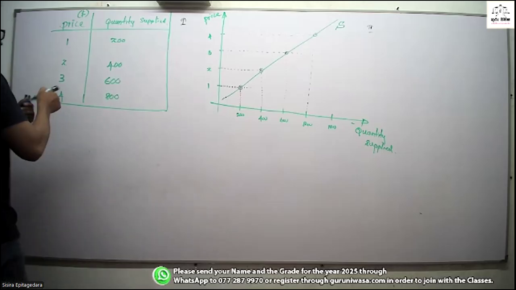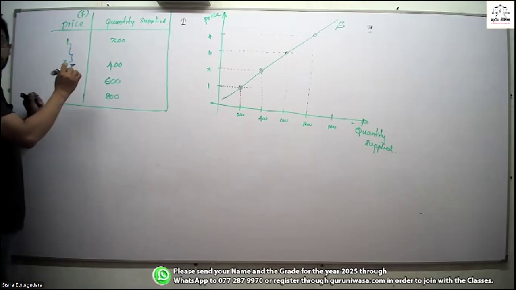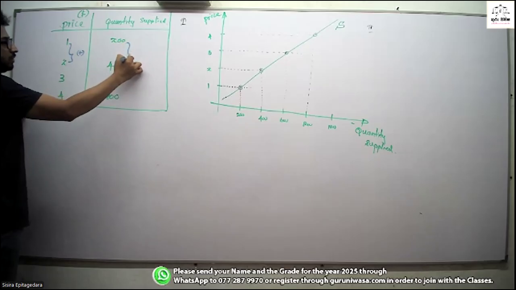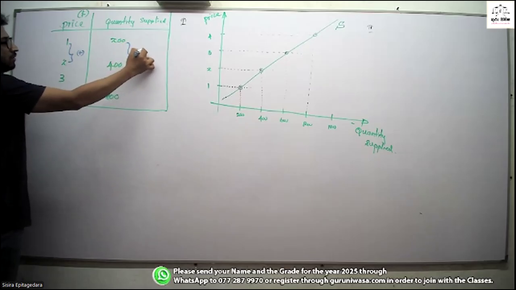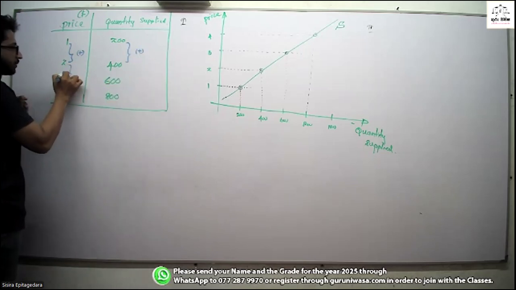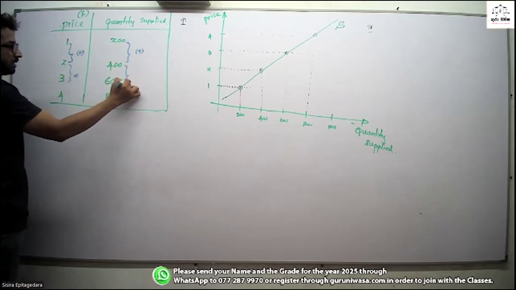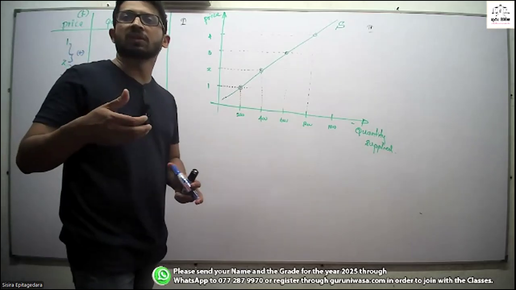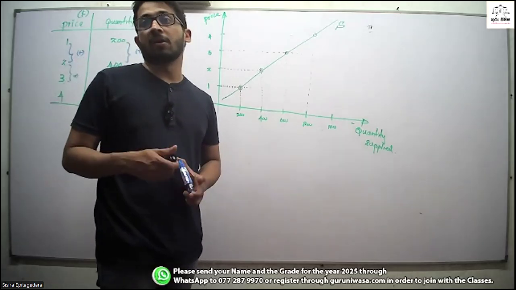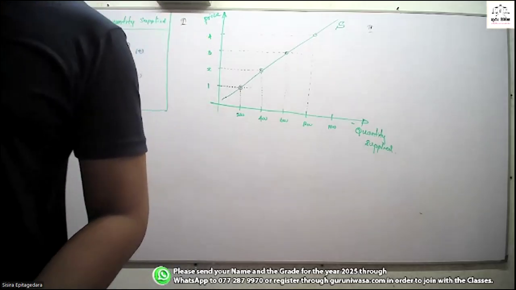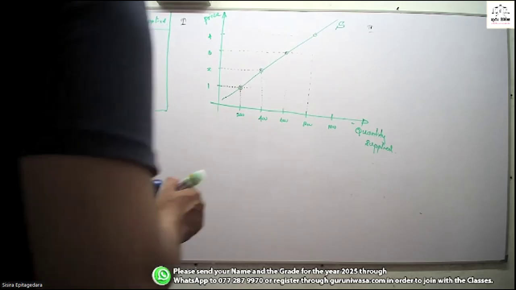You can see here, when price increases from $1 to $2, quantity supplied also rises from 200 units to 400 units. And when price rises from $2 to $3, again quantity supplied rises from 400 to 600 units. So you can say there is a positive relationship, right?